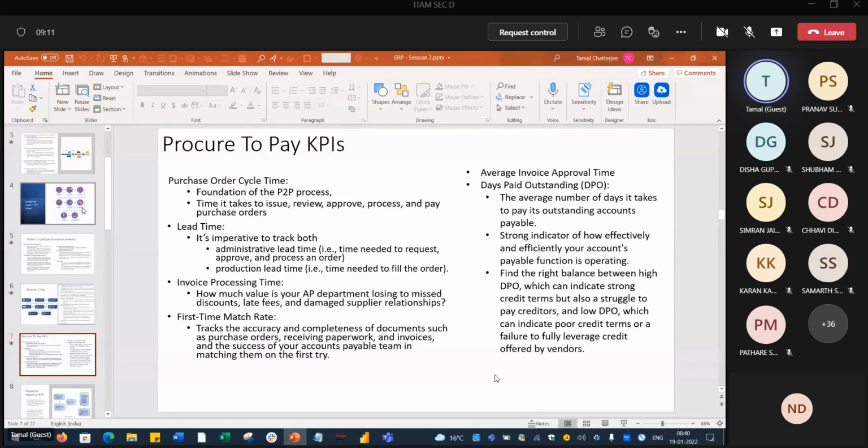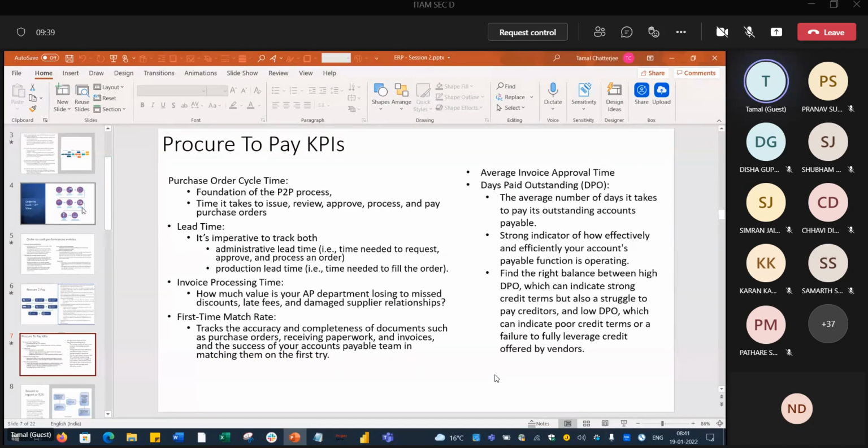If it is a bigger number, that means the credit negotiation is good, or you do not have the cash, so you cannot pay. So these are a few features we have seen.